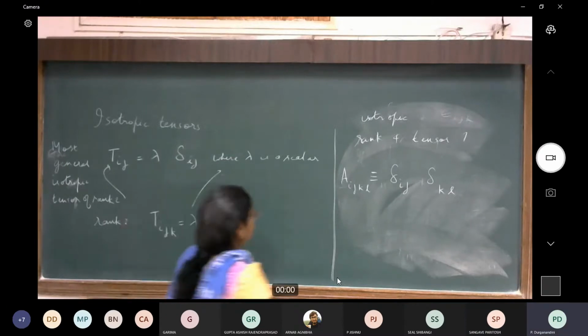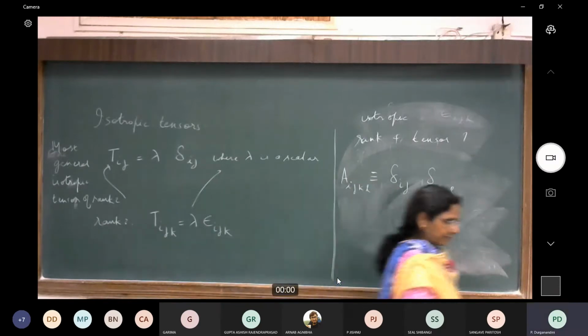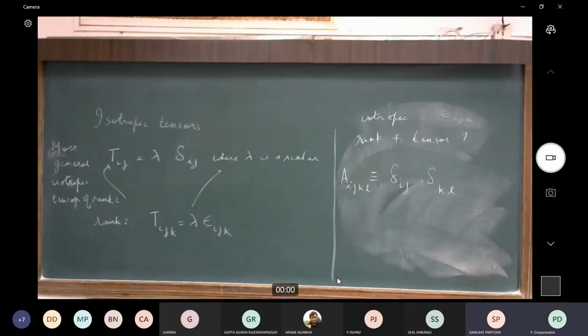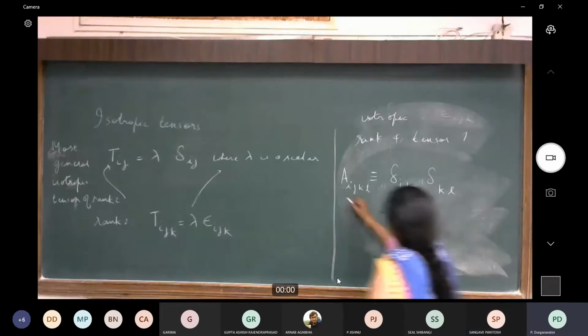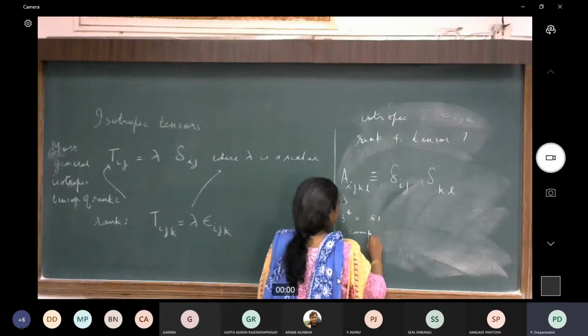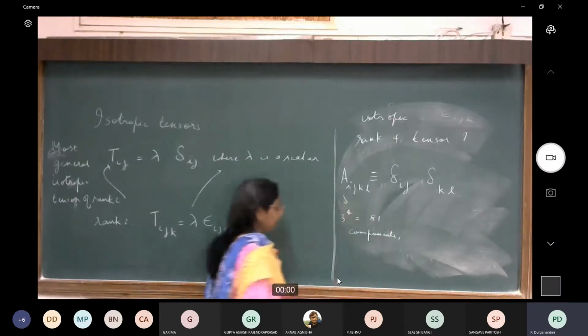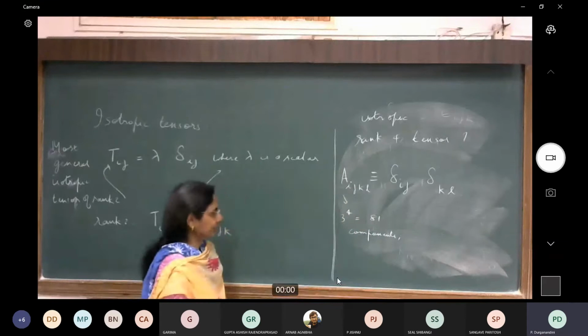So in a fourth rank tensor, we have how many components in all? 3 to the power of 4. So it has 3 to the power of 4 components, which is equal to 81 components. Right? Now can you tell me what will be the values of these 81 components?